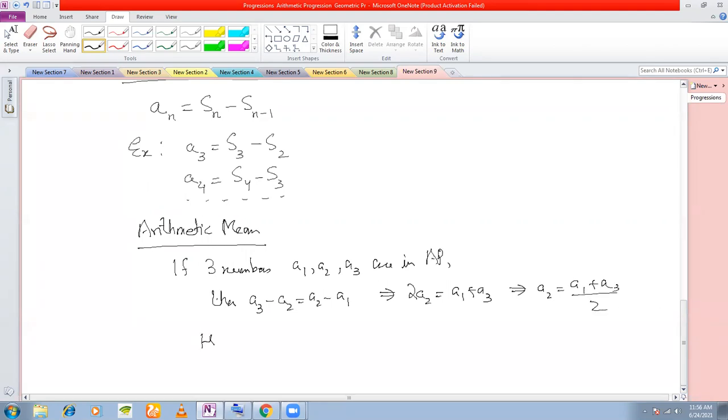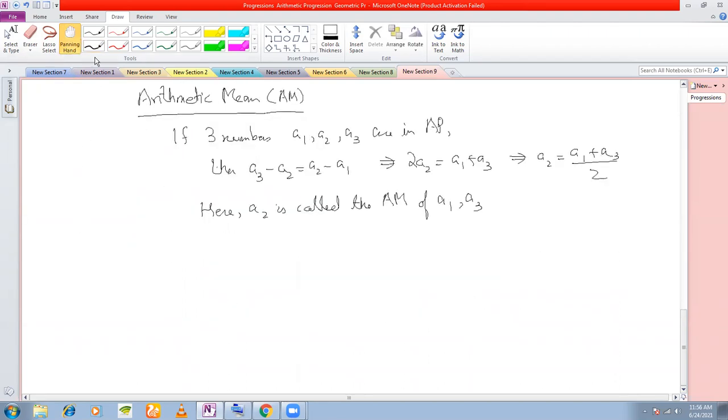So here, A2 is called the arithmetic mean, AM. It's called the arithmetic mean of A1 and A3, right? It's a very important concept. So if A1, A2, A3 till AN is an AP, and what can we say?